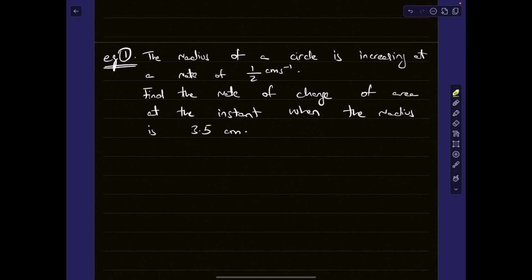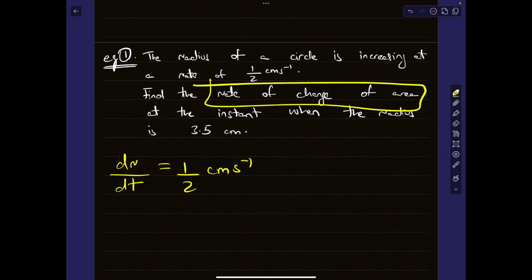So, we can write this information down as, let's say, dr over dt, that is rate of change of radius, is equal to half centimeter per second. And we need to find the rate of change of area, which is dA over dt, at the instant when the radius is 3.5.